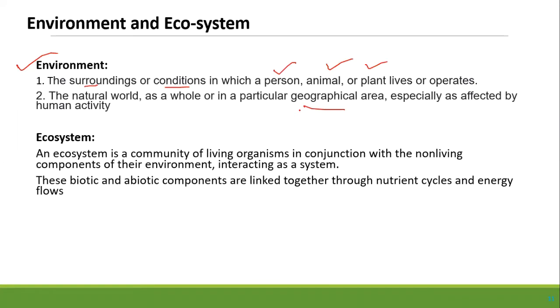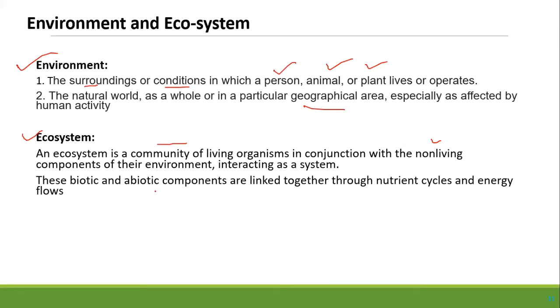The second term that we will see is the ecosystem. So what is the ecosystem? That is the community of living organisms in conjunction with the non-living components of their environment, and they are all interacting as a system. So these are in a dynamic equilibrium, which is very important for the sustenance of all the species.